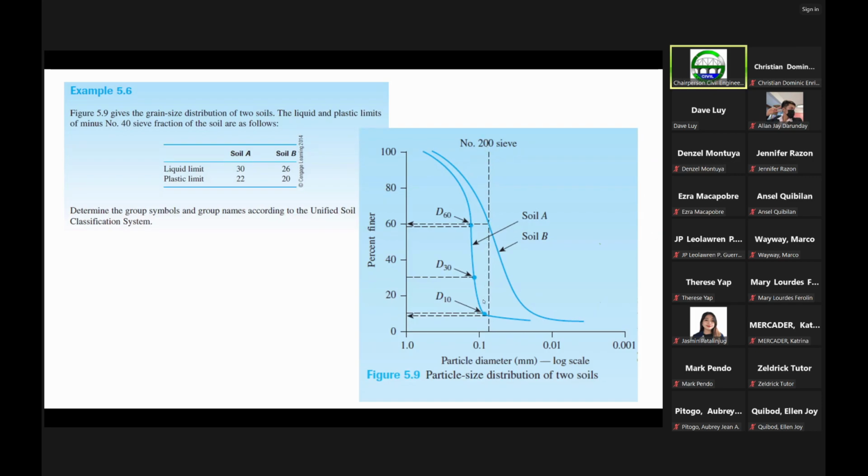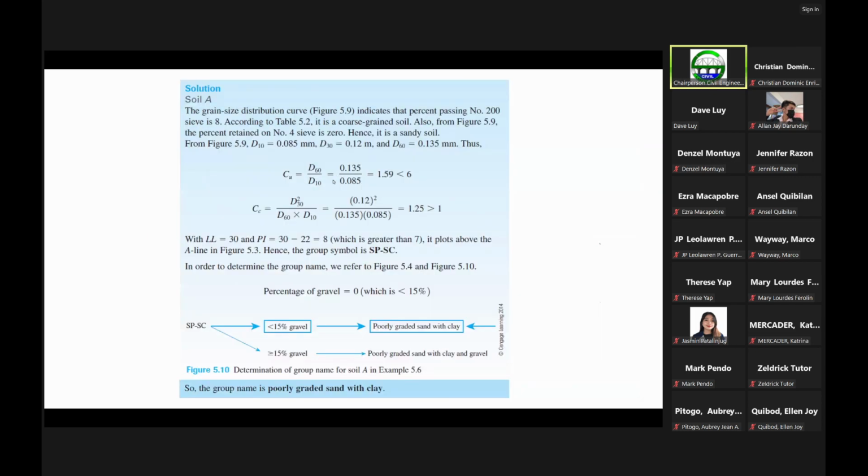If we project it down and intersect that with the curve, that will give us a value of about 8, according to the book. So the percent passing number 200 is 8.